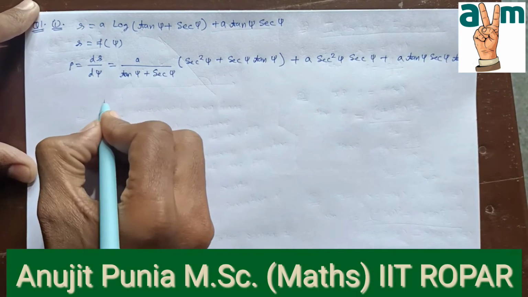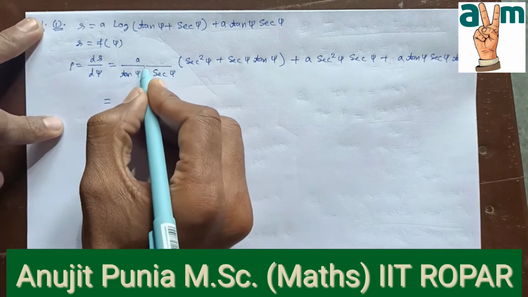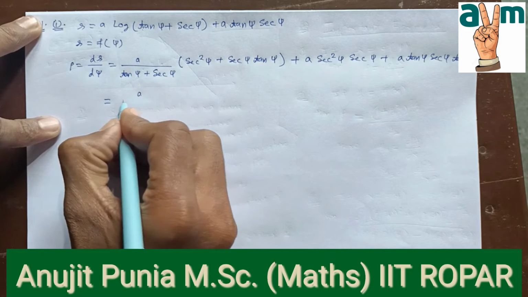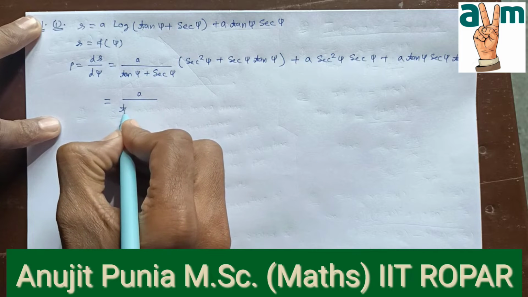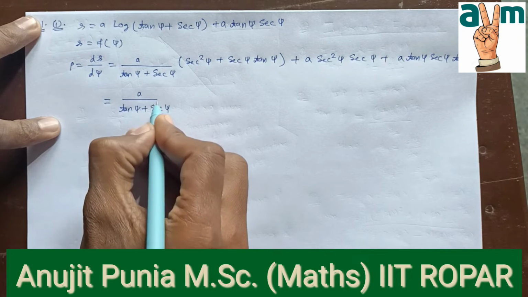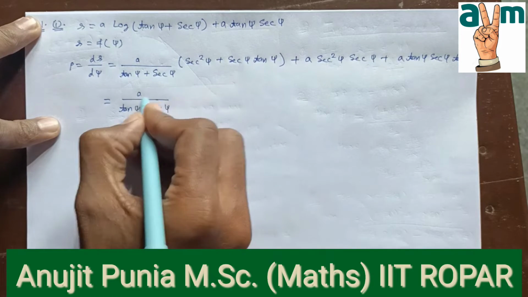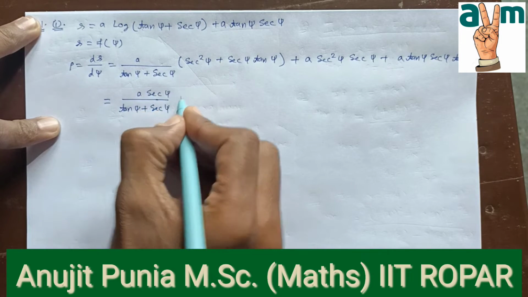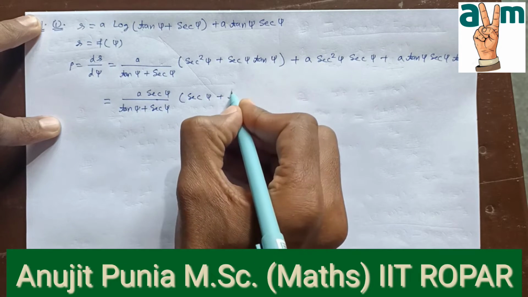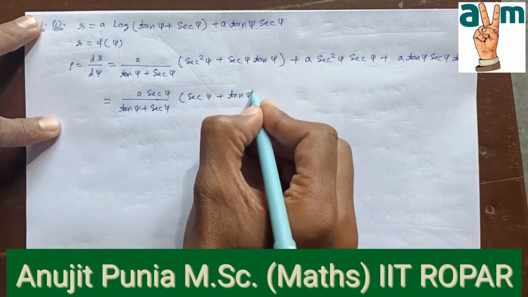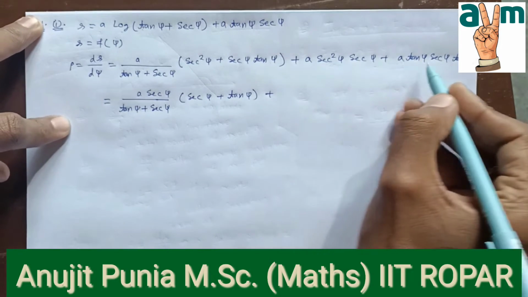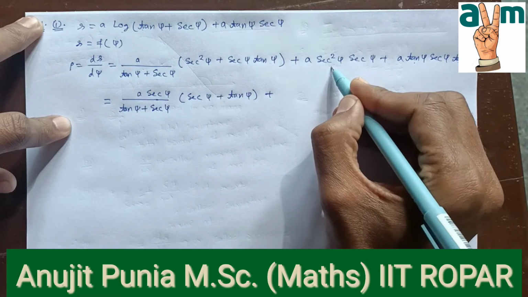Now this thing is a upon tan psi plus secant psi, and we take common secant psi from this, and here we get secant psi plus this tan psi, plus from here tan square psi and secant square psi.